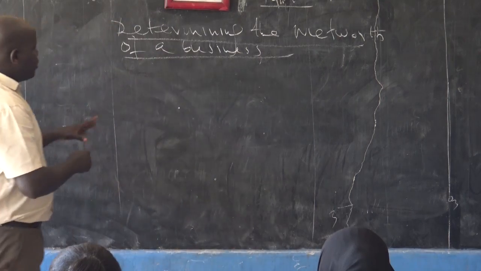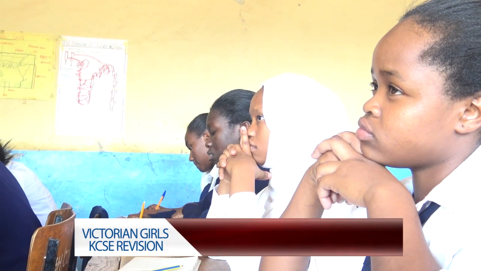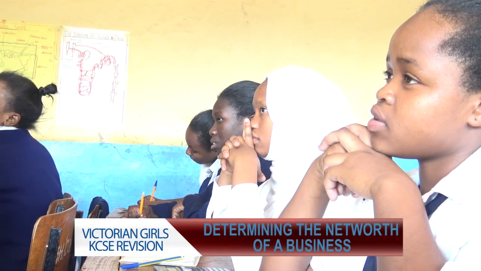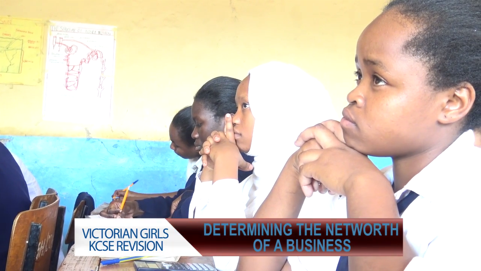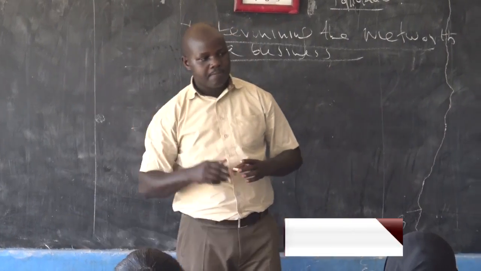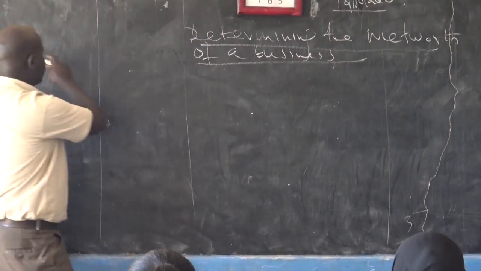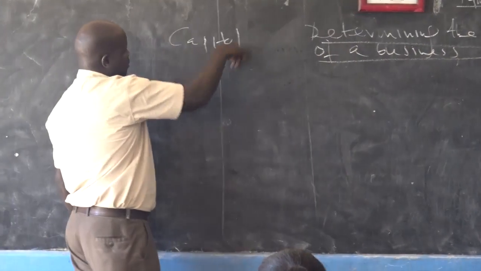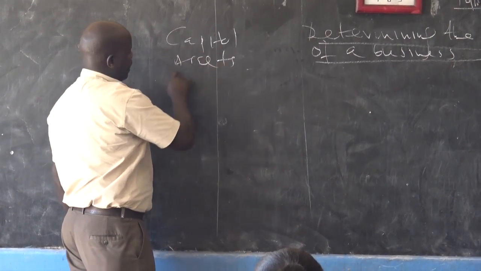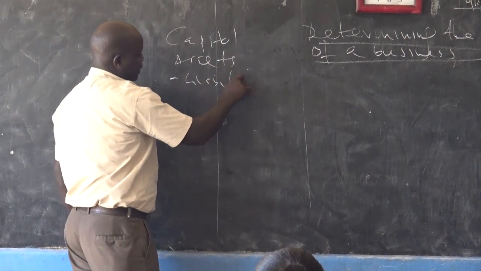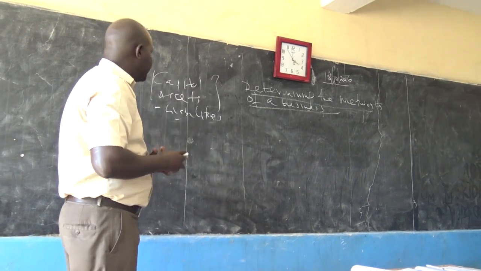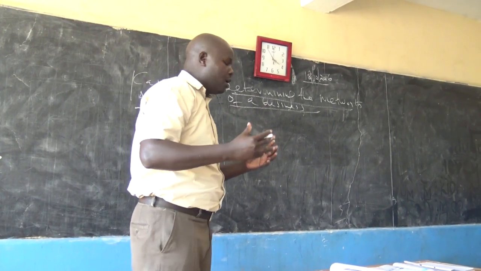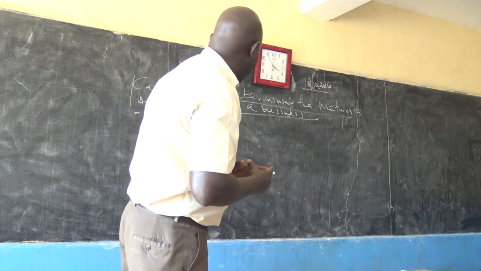Now, when we talk about determining the net worth of a business, what do we mean? In a business, we have capital, we have assets, and liabilities. These are what is in a business.